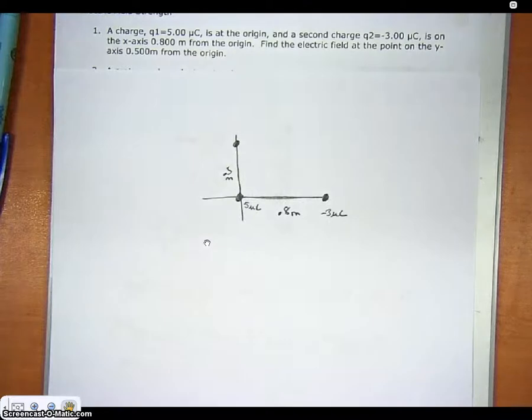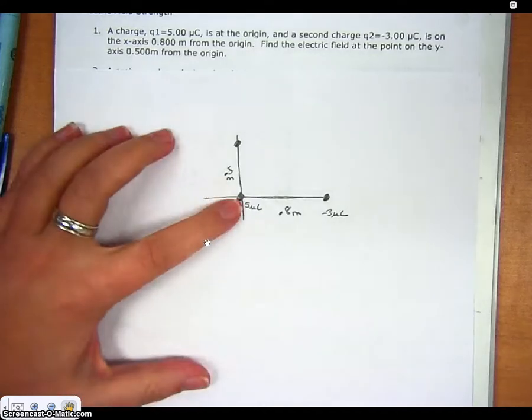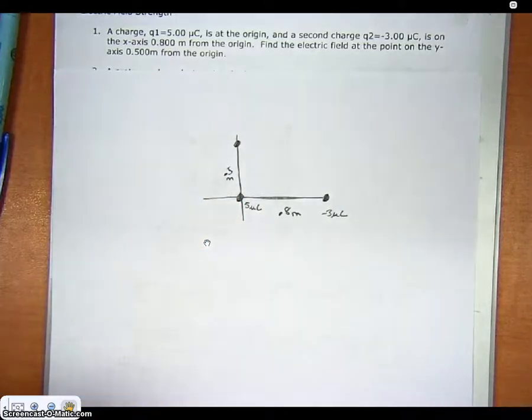So what we need to do is first determine what the electric field lines look like, and then calculate their magnitude, and then we'll have to do some vector math, okay? So does the first one point towards or away from the positive, right?